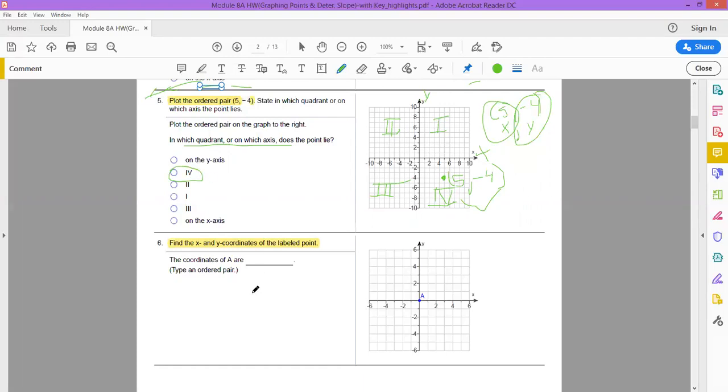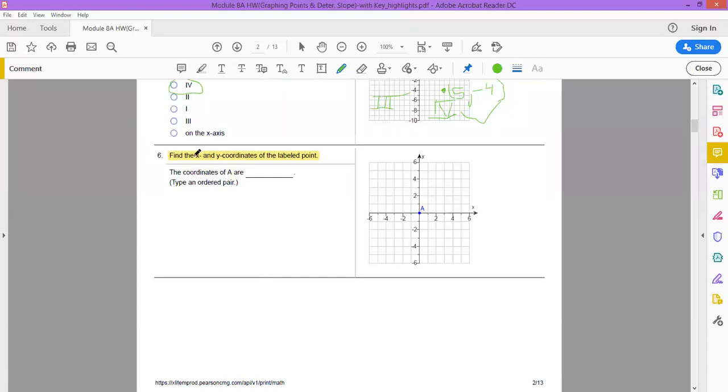For number 6, you're asked to find the x and y coordinates of the point that's labeled. This time the point is already plotted for you, letter A. We just need to know the coordinates. We want to know where this point is on the x-axis and where it is on the y-axis.